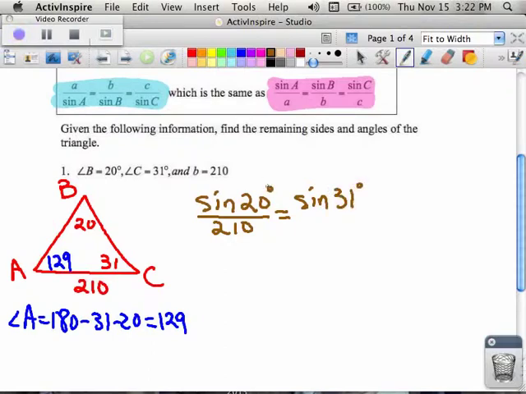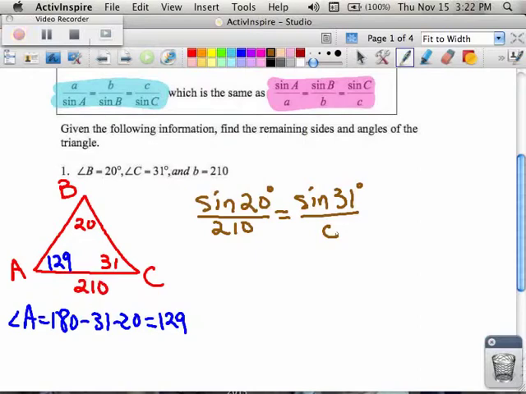By the way, make sure your calculator is in degrees for this. That's compared to the side across from it, which is the c side. So sine of angle B over the side across from it equals the sine of angle C over the side across from it.